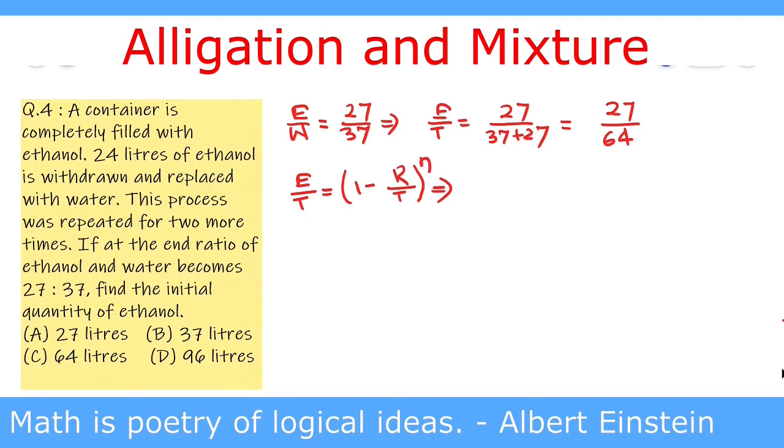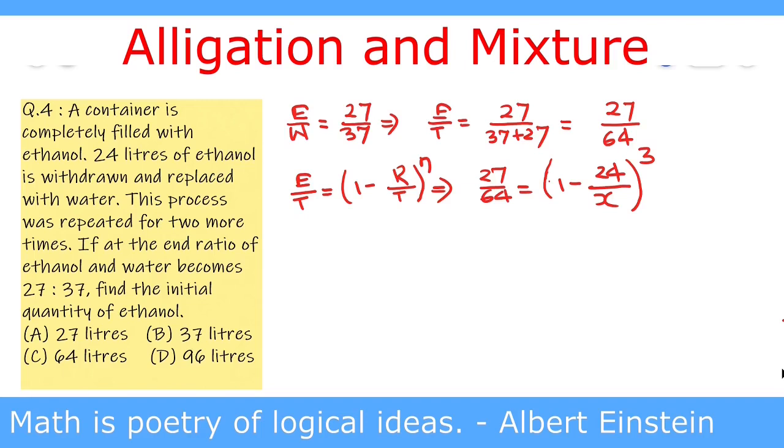Here the ethanol to total ratio is 27/64, equal to (1 minus 24 upon total quantity, say X, which we have to find out) to the power 3. We are withdrawing 24 liters every time, and the power is 3, as 24 liters was first withdrawn and the process was repeated 2 more times. That is, the process was done 3 times. So we write 3 in place of n.